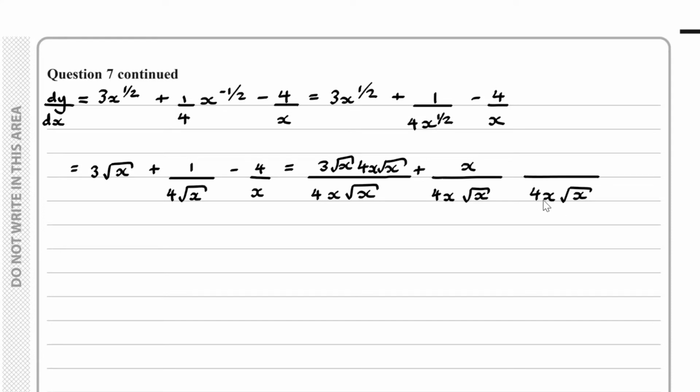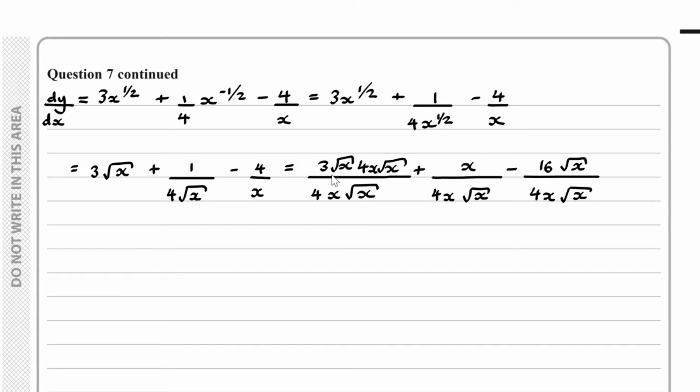And for us to get a 4 at the top, if I have a 4 at the bottom, we need a 16 at the top. 16 divided by 4 gives the 4. And we need a root x over here, which will cancel with this root x, leaving us with 16 over 4x, which simplifies to 4 over x. So we have this result over here.